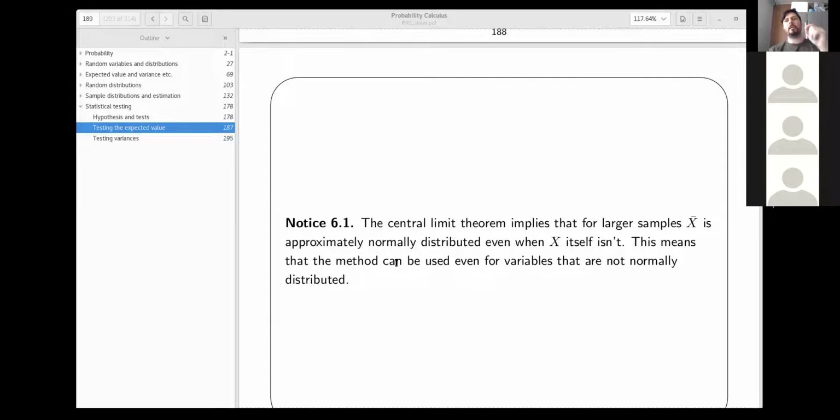But if the underlying variable is not normally distributed, then you have to be really careful that whatever assumptions you make about variances and expected values and what have you, those need to be corrected for the fact that you're not dealing with normally distributed variables, unless your n is huge. All right, so understand that.